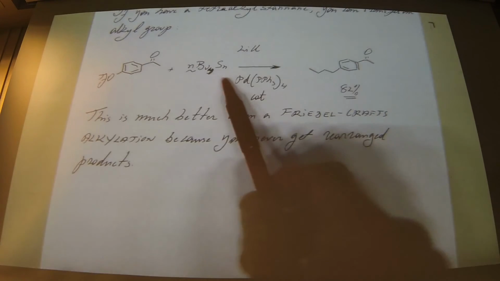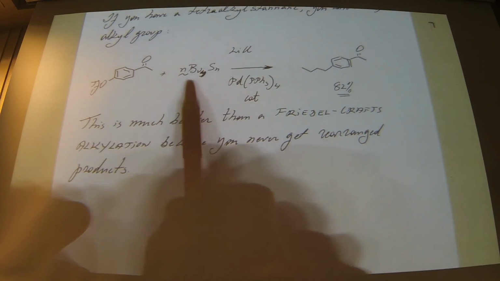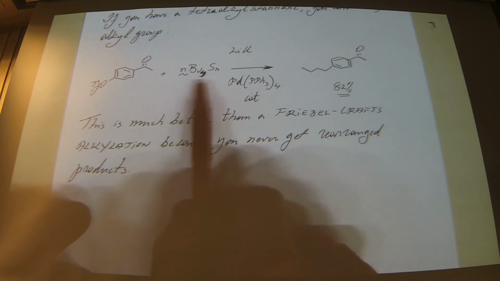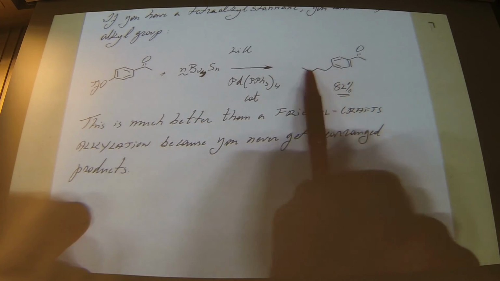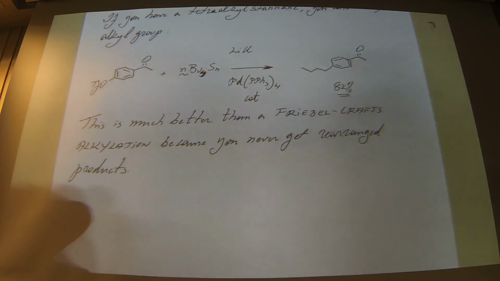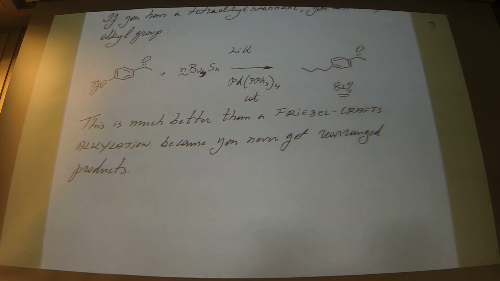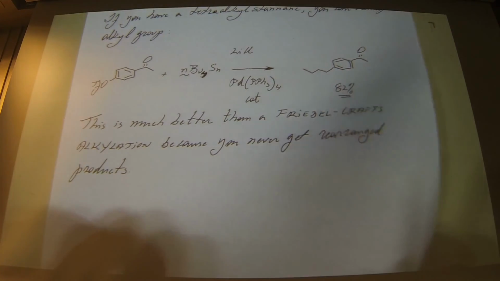Okay, so you get this Stille reaction with an alkyl group using tetra-N-butyl tin. You end up with an N-butyl. You don't get cation rearrangements because, hey, this doesn't go through a cation. This goes through that organometallic mechanism. And you're lucky because you don't get a beta hydride elimination either. Okay, so these are some of the reactions of phenols.